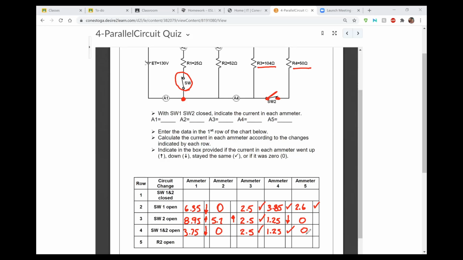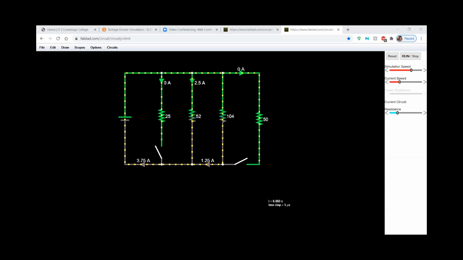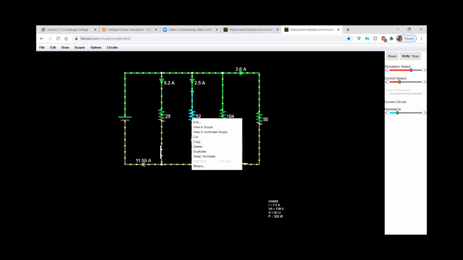Okay, so now, perfect. If both switches are closed, what was the resistor that opened up? It was this one? Yeah, I think so.